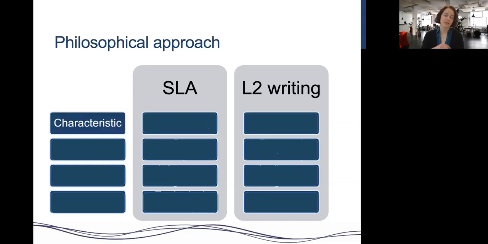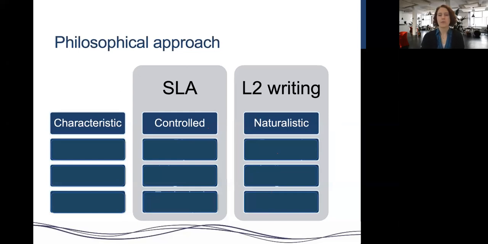So to take a quick look there, a characteristic of the SLA approach to designing research would be something that was highly controlled, and we'll take a look at some examples of that. But just to contrast that with the L2 writing approach to investigating second language writing, it tends to be a bit more naturalistic.